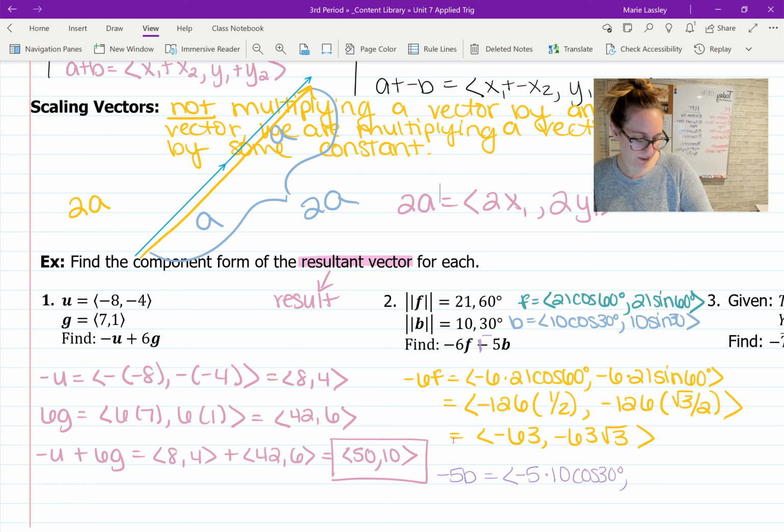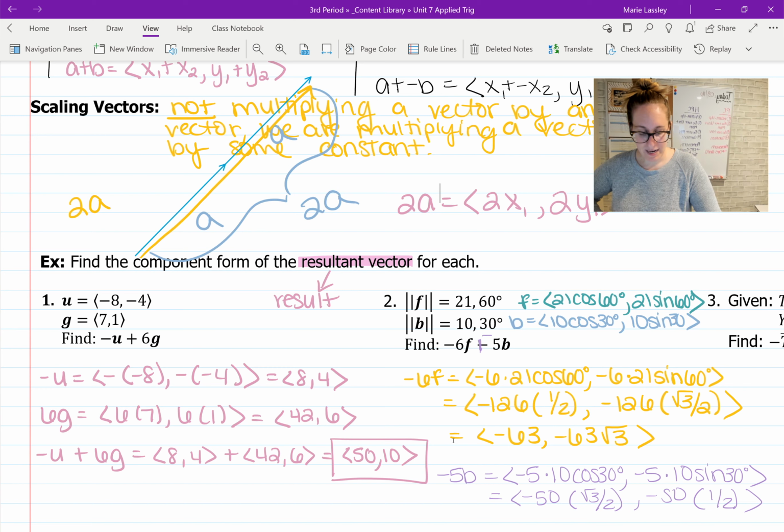Simplifying, this is negative 50 cosine 30, and cosine of 30 is √3/2. Negative 50 sine of 30, and sine of 30 is 1/2. Simplifying all the way gives us negative 25 square root of 3, comma, negative 25.